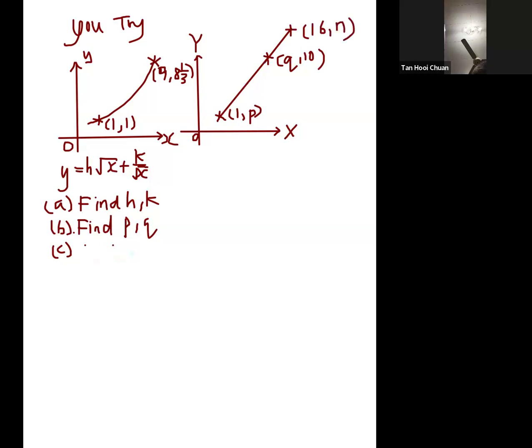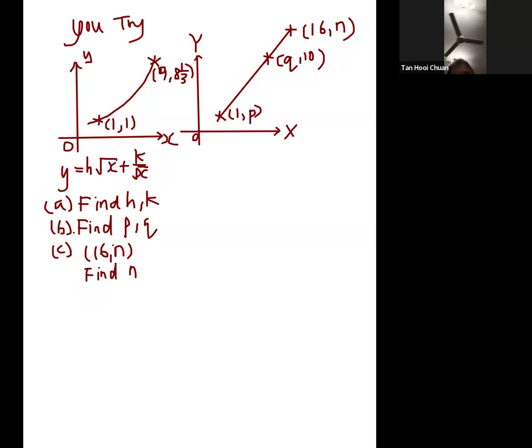Yeah, C refers to the point (16, n). Find n. Find the corresponding value of Y. I think find n is enough.